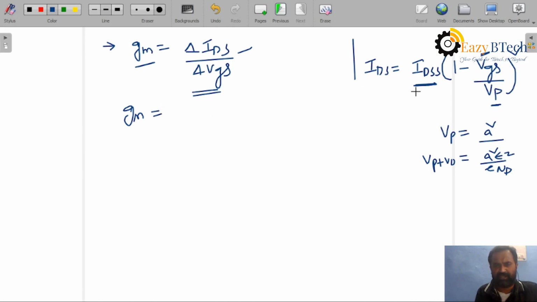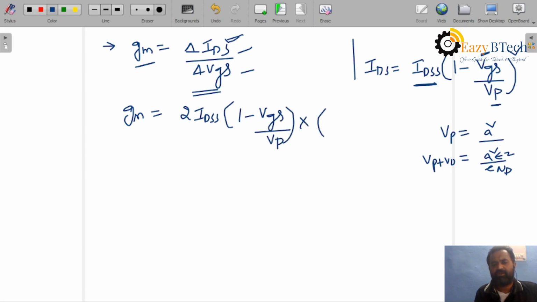GM is equal to the derivative of IDS. If you differentiate IDS with respect to VGS, what will you write? 2 into IDSS into 1 minus VGS by VP into minus 1 by VP.